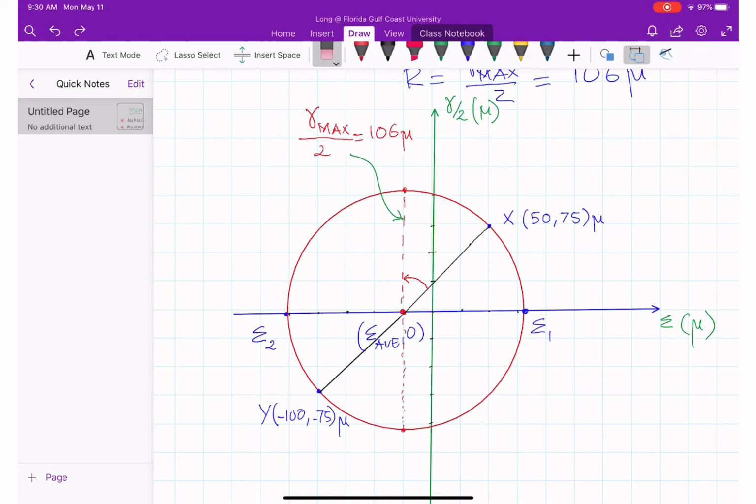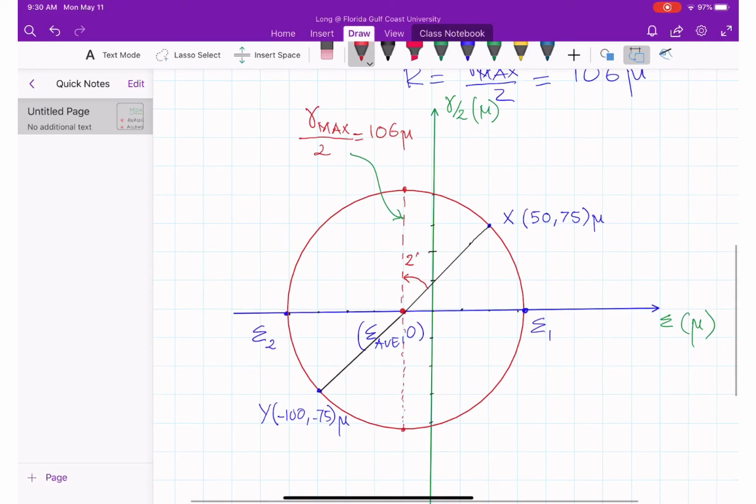Everything is times 2, so you can see 2 theta s for shear strain. Then we can also determine the angle from the x plane to epsilon 1, that is 2 theta p1.